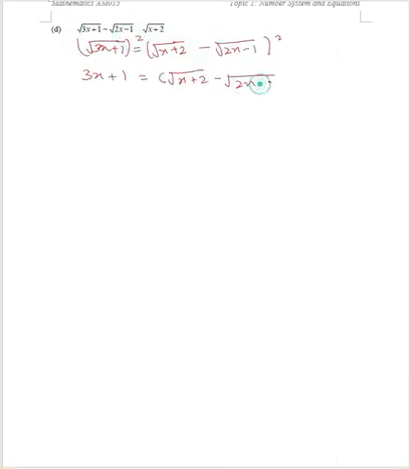To expand this easier, you can just write 2 brackets and expand it one by one. Do it carefully and be patient. So surd x plus 2 times surd x plus 2 is just surd x plus 2 squared.